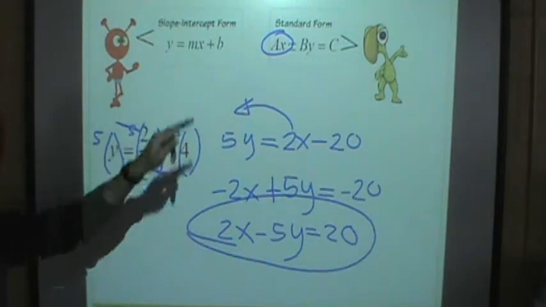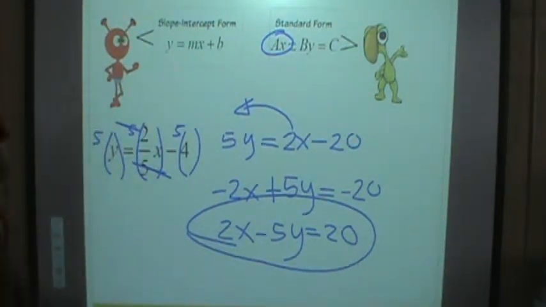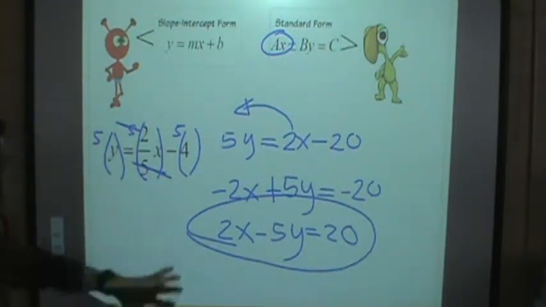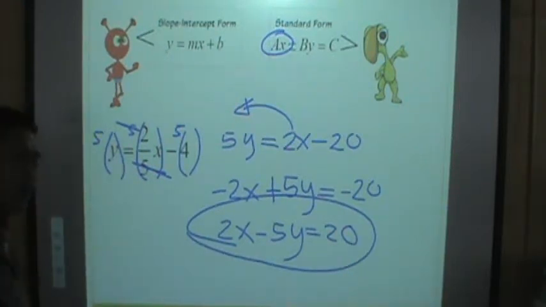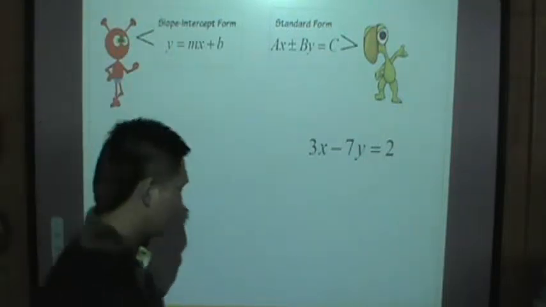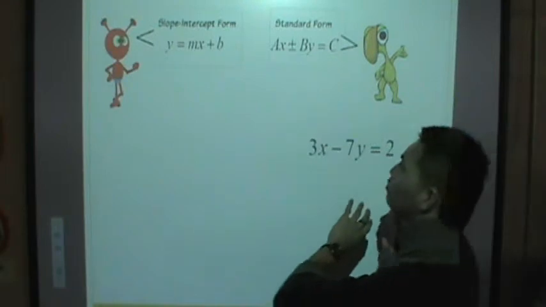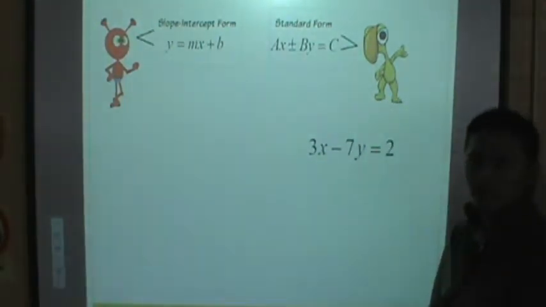That is now the standard form of your equation. You can pause your computer if you're confused, go back and master how to change a slope-intercept form to a standard form. Now, this time we have the standard form, and what we need to do this time is to change it to slope-intercept form.